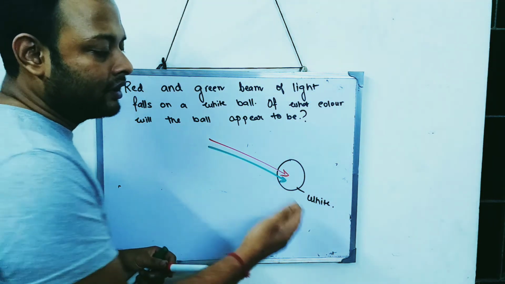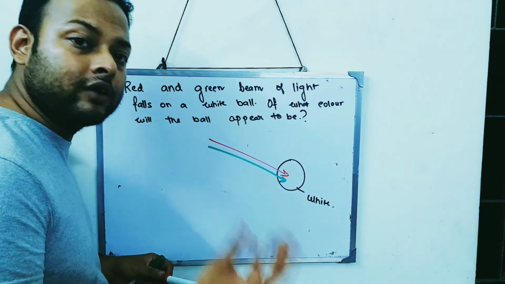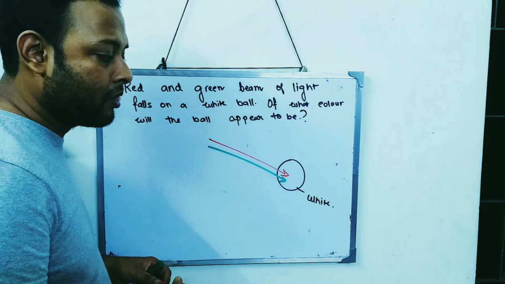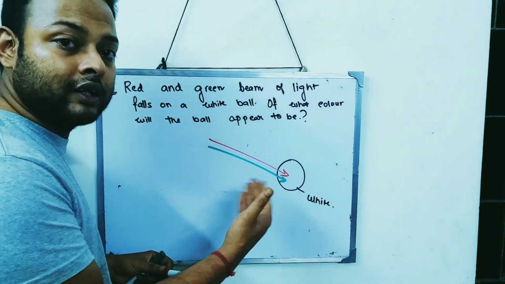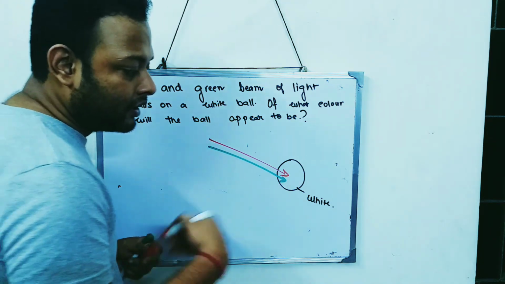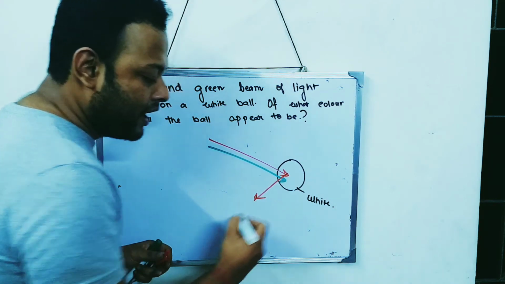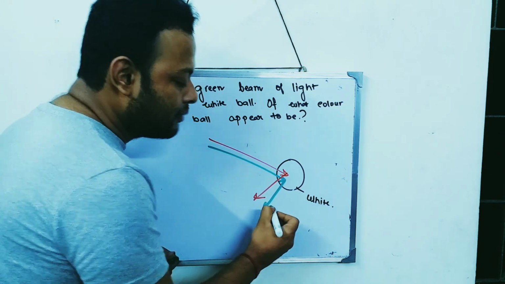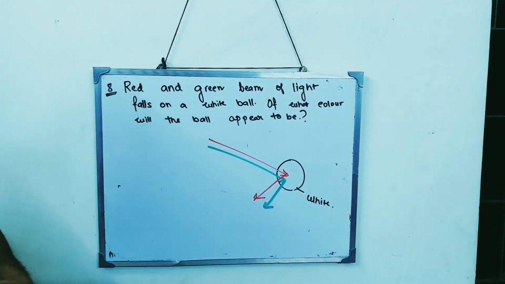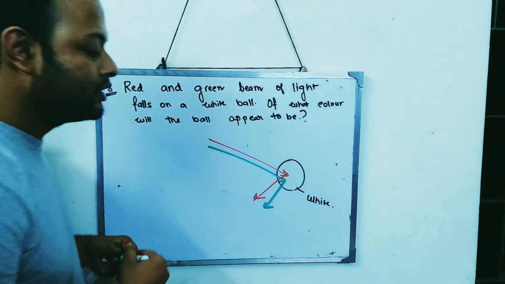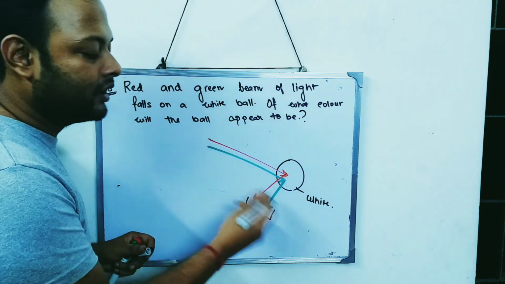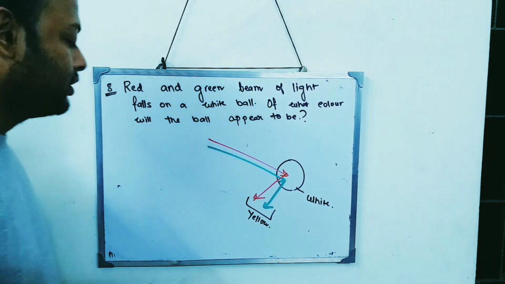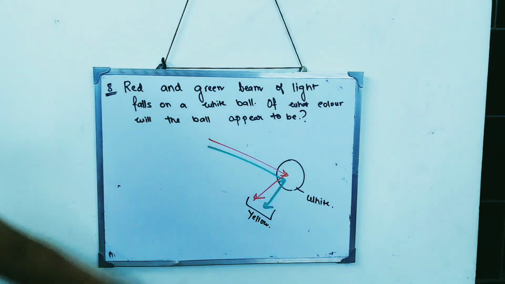Again, the white body has a property to reflect all the colors which are incident on it. So this white body will reflect the red color back, and will also reflect the green color back. Both the colors are reflected back, then red and green will combine, and it will give a yellow color appearance. So the answer is, it appears to be yellow in color.